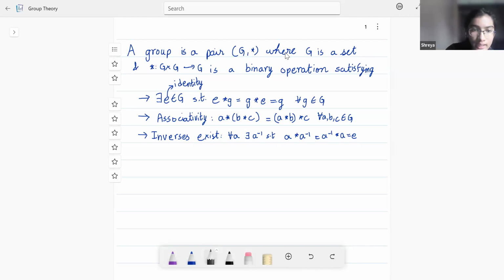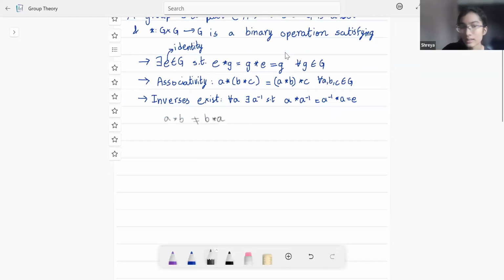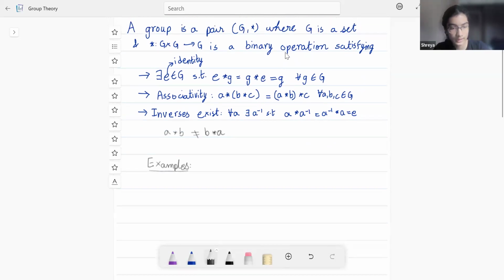Notice that you don't have commutativity. So A star B is not necessarily equal to A star A. So yeah, it can be anything. I think it's just better to look at some examples.